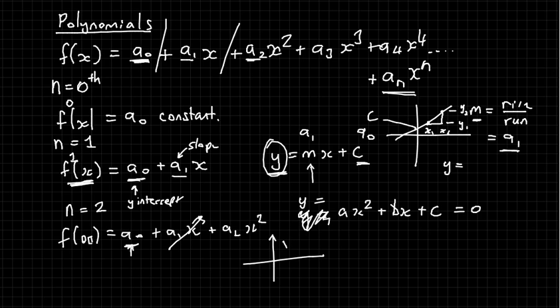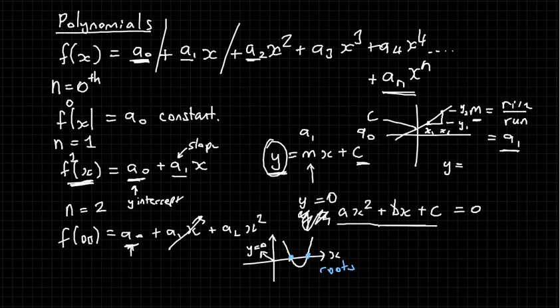So we can think of a quadratic as being just a parabola, and when y is equal to 0, it's at the point where the line crosses the x-axis. So when y is equal to 0, we can solve this and find the values of x that give us what's called the roots of the quadratic.